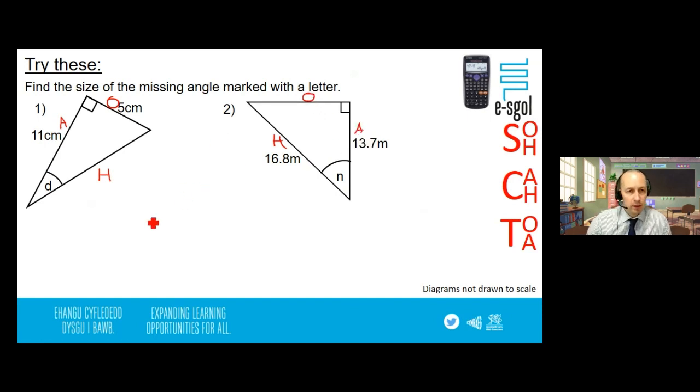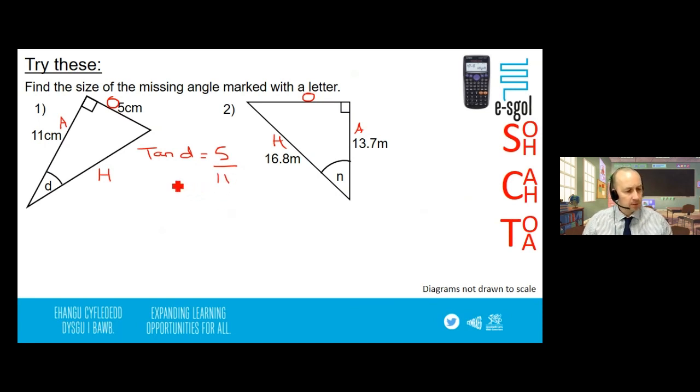Okay, so let's have a look at this first one. For the hypotenuse, I've got no information at all. That's not going to help me with the question, but I've got some information for A and I've got some information for O. A and O is tan, so I'm going to use the tan formula. So tan of the angle, which is angle D, is going to be the opposite side of 5 divided by the adjacent side of 11.